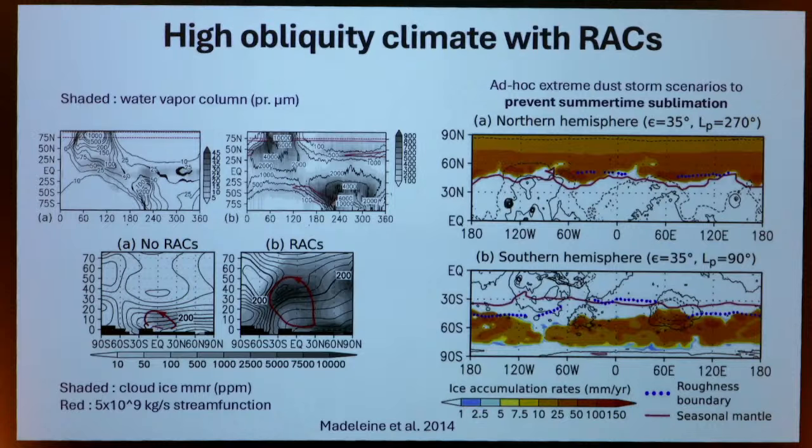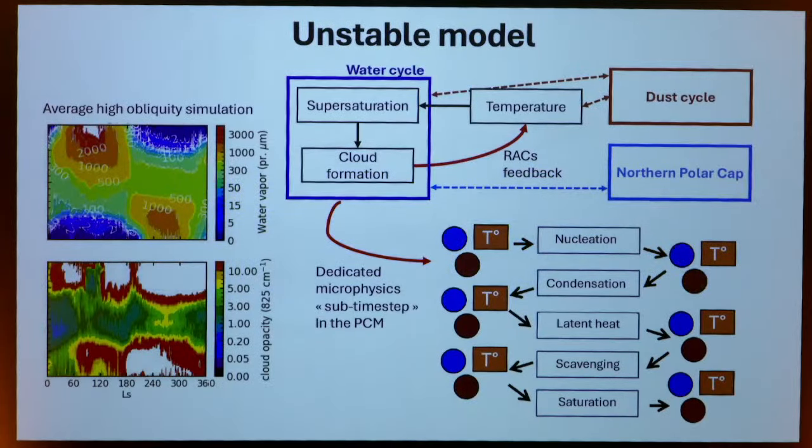But you have a lot of snowfall accumulating in the winter, but it all sublimates in the summer because the pressure is low, and also the radiatively active clouds warm up the surface quite a bit. So the caveat of this study was also to explain the preservation of mid-latitude seasonal ice perennially.